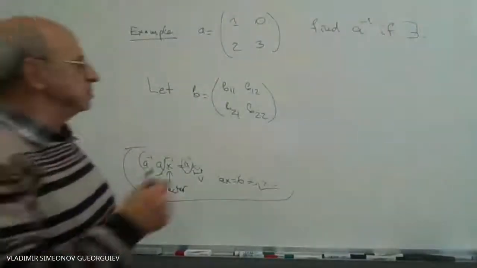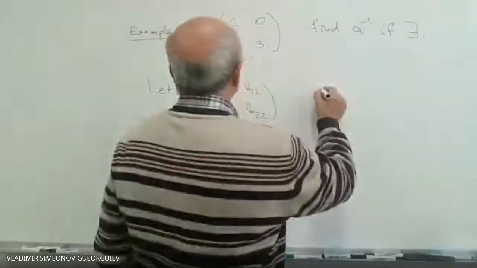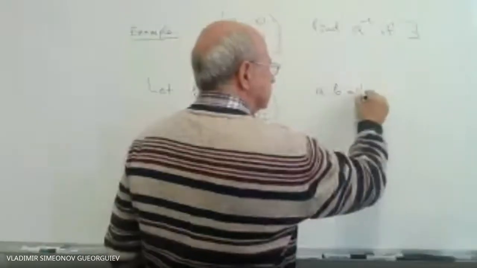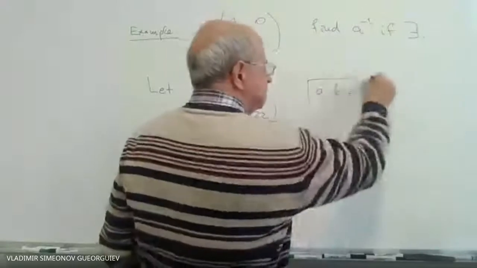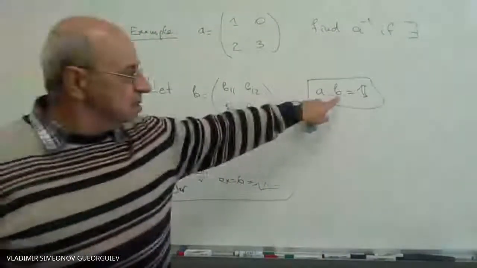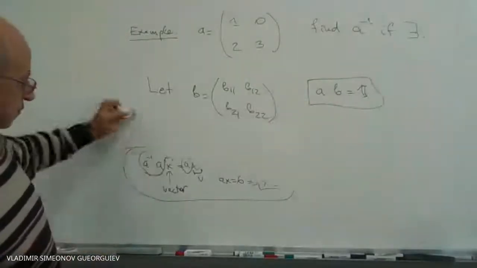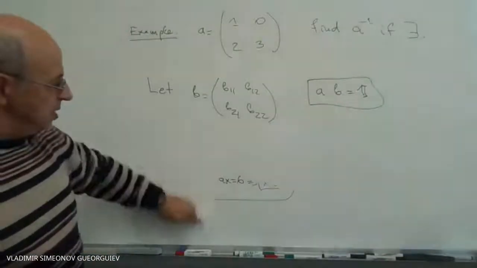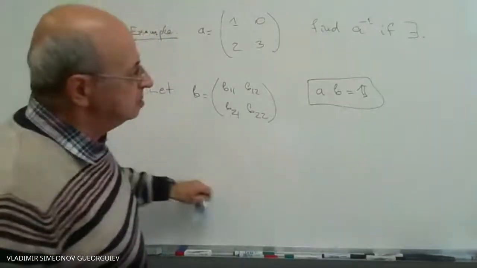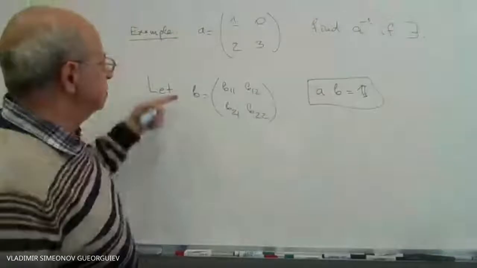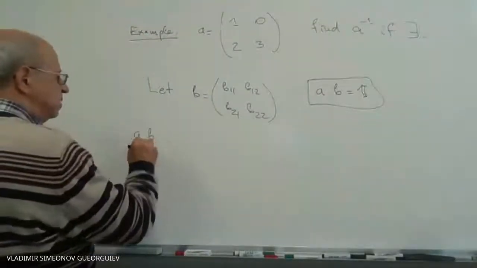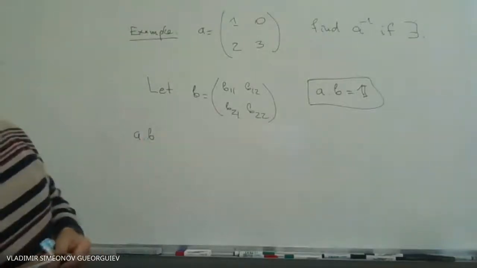We need AB equal identity. This is, according to the definition, how we look for the inverse matrix. And of course, here we can substitute A with this matrix, B with this matrix, and compute first A times B.